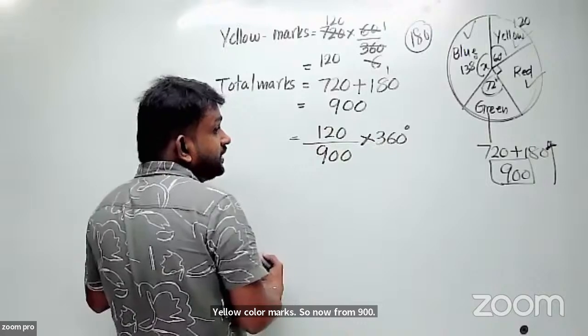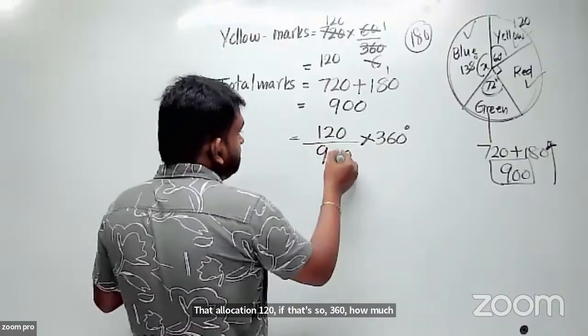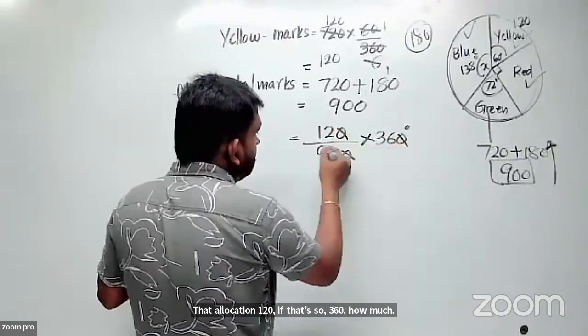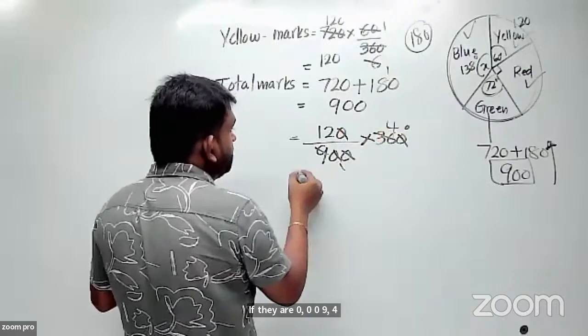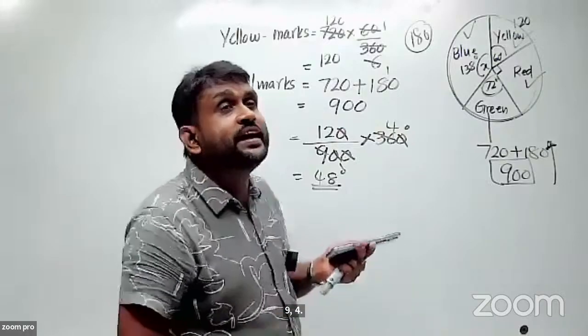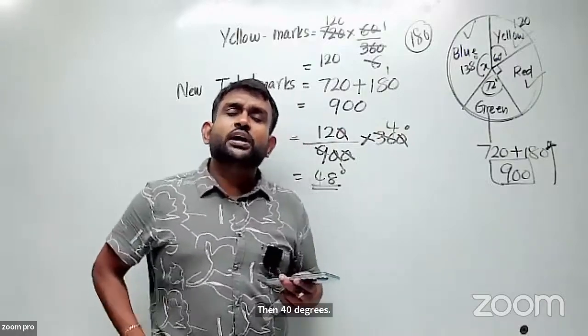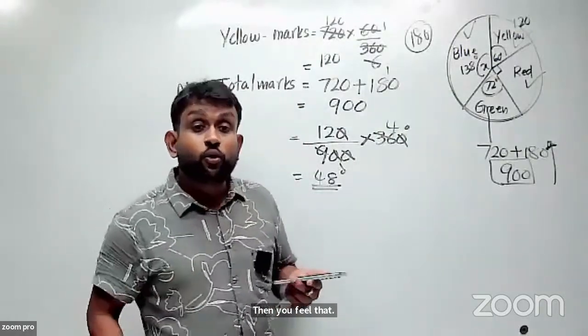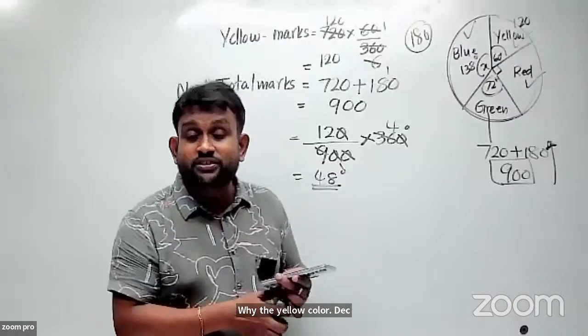If that's so, from 360, how much? See, that comes to 48 degrees. Then you may wonder why the yellow color angle decreases although its marks don't change.